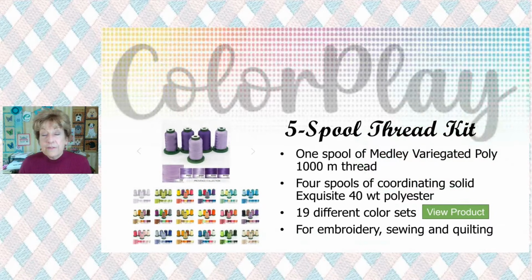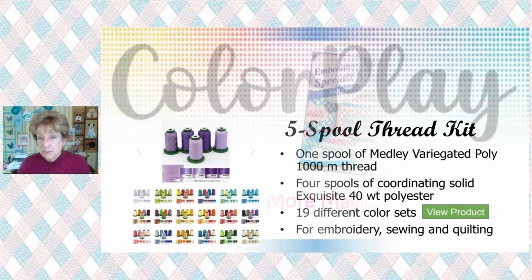We've also got the variegated thread in our Color Play 5-spool thread kit. This is also good for fringe because you get that one spool of the variegated, and the other 4 spools are the solids that exactly match the dye pattern of the variegated. So you've got the red that matches, the green that matches, the yellow that matches.